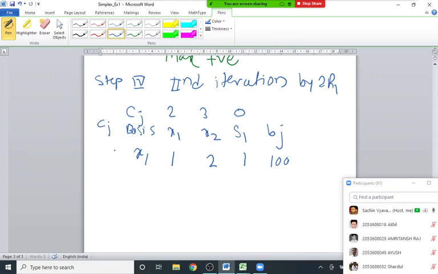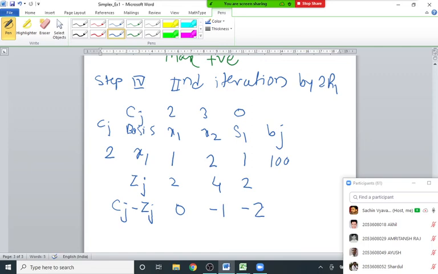Cost value of x1 is 2 there. So we'll write it as it is. We calculate Zj then. Zj is a dot product. 2 into 1 is 2. 2 into 2 is 4. 2 into 1 is 2. That's done. And lastly, we have Cj minus Zj. So Cj minus Zj, you will observe 0, this is minus 1, and that's minus 2.